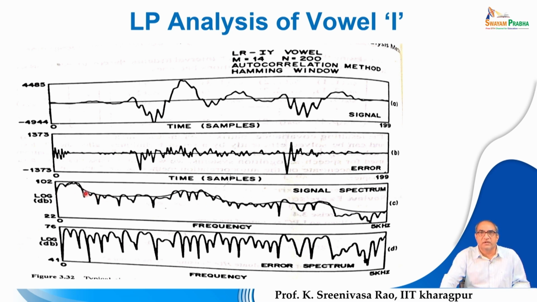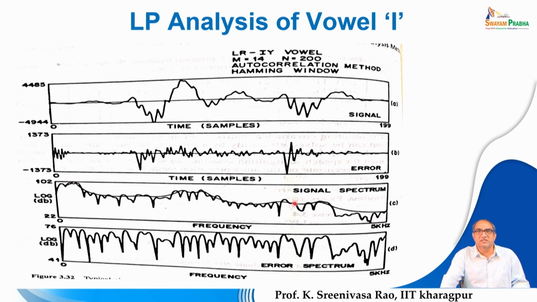LP analysis gives you the set of AKs, and the vocal tract filter is the all pole filter 1 by A of Z, where A of Z consists of the prediction coefficients. If you plug these AKs into 1 by A of Z and compute the spectrum, you can observe that the spectrum is something like this.